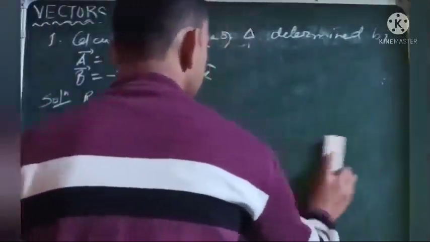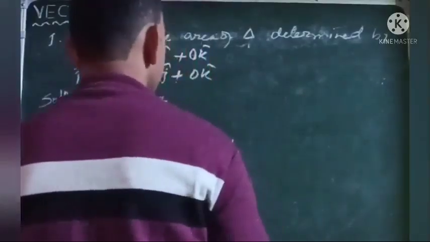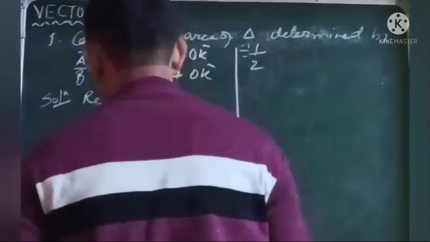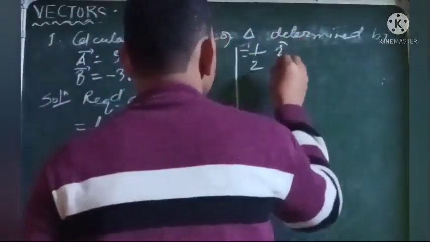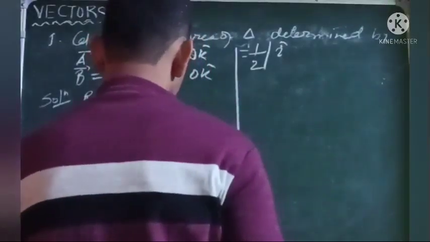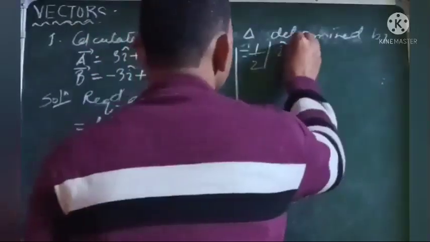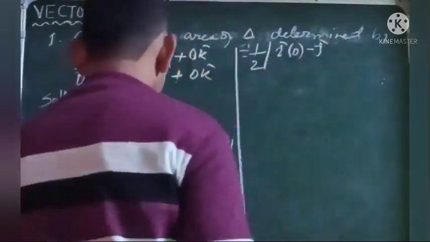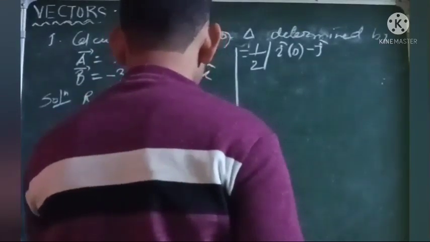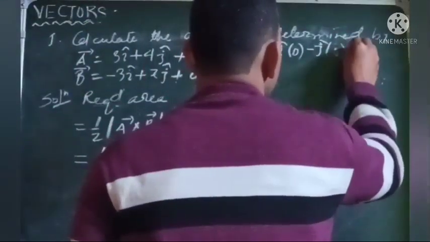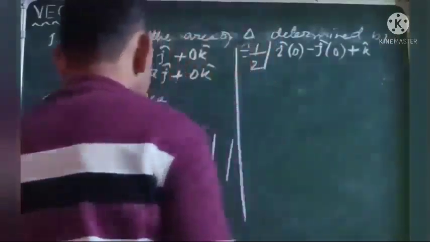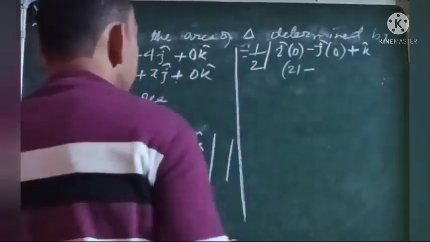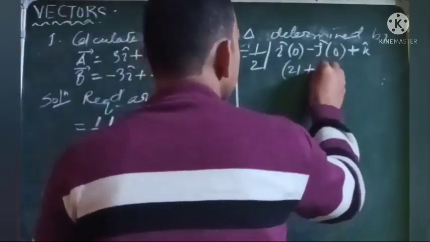We have half of i cap times the magnitude of 4 multiplied with 0 minus 7 multiplied with 0, which is 0, minus j cap times 3 multiplied with 0 minus 3 multiplied with 0, which is 0, plus k cap times 3 multiplied with 7, which is 21, minus 4 multiplied with minus 3, which is minus 12.